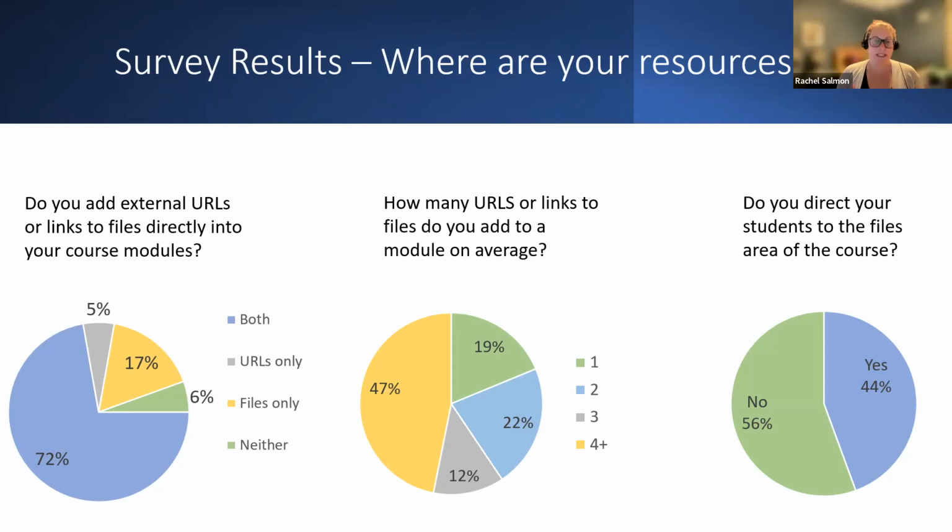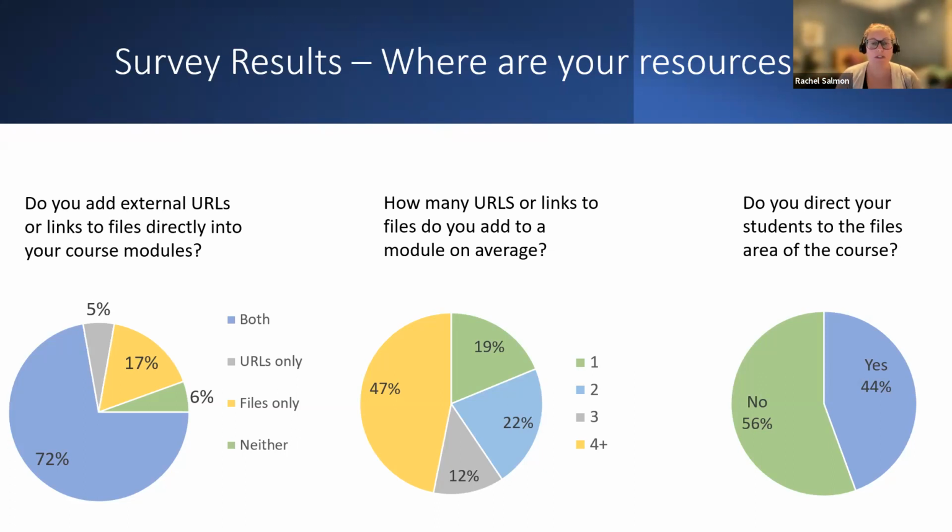What that means is in their modules, they might have their assignments and some other things. Maybe they do have some pages, but they're putting external links in there as well as links that take them to the specific file. We had a very small percentage either just do external URLs or neither.